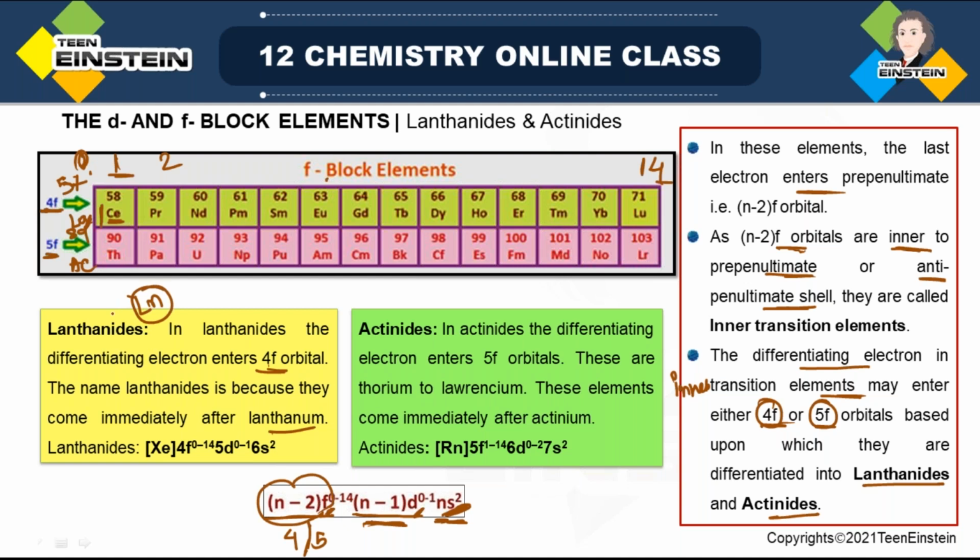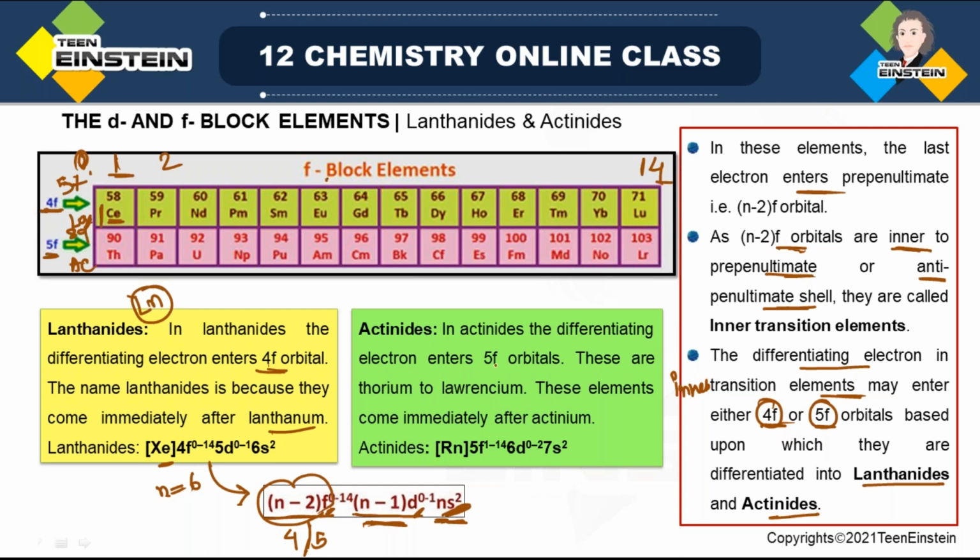Remember, it is denoted by Ln, short form. See here we have the general electronic configuration. After xenon, which is the noble gas configuration, we have 4f0 to 14, then 5d0 to 1, and 6s2. So here n value is 6.